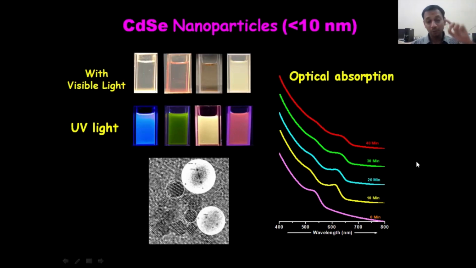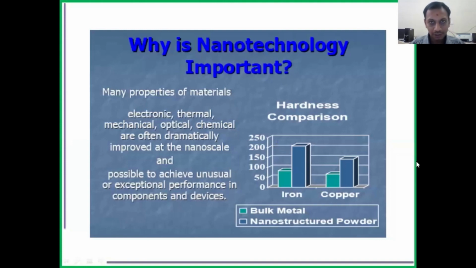So by this way, from the bulk level to micro and nano level are very important concepts. If you talk about mechanical property, I know we all are working in the chemistry field, but sometimes we have to gain the knowledge in applied fields also. That's why you can see here the hardness comparison, iron and copper.